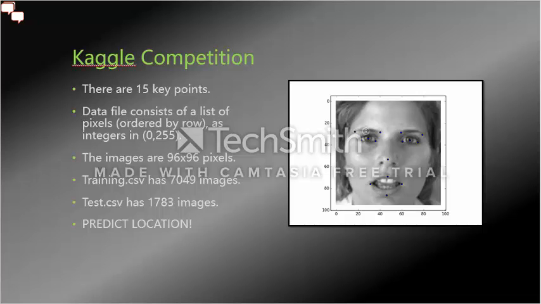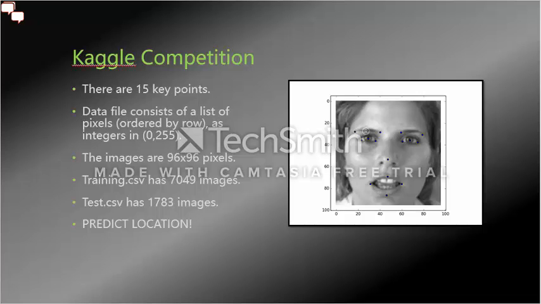In the Kaggle competition, there are 15 key points, which represent the face elements: the eyes, the eyebrows, the nose, the mouth. These 15 key points are provided in different images.